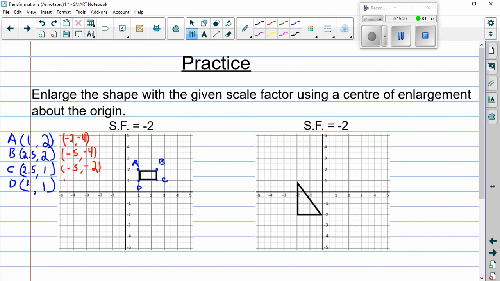And lastly, -2 and -2. So let's plot the points, -2 and -4. Then we have -5 and -4. Then we have -5 and -2. And then we have -2, -2. And finally, we may connect our lines.